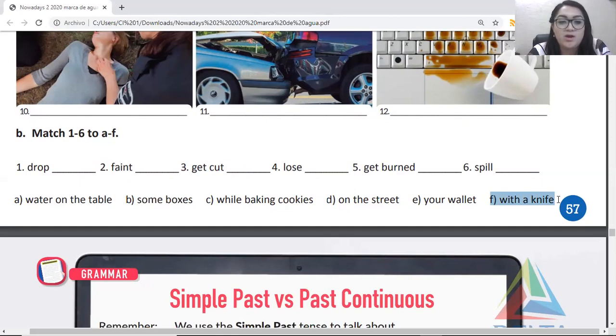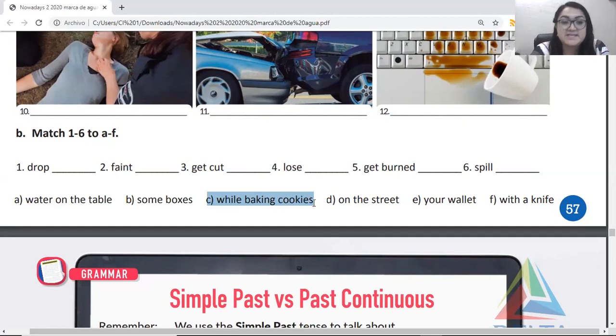Number 4, lose, perder, lose your wallet, perder tu cartera. Number 5, get burned while baking cookies. Quemarse mientras cocinas o horneas unas galletas.